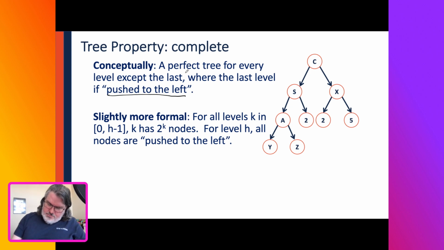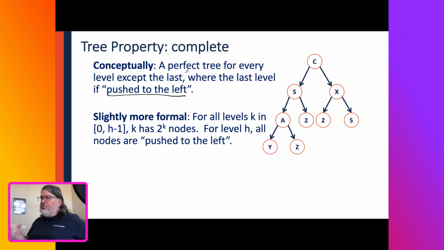So this is a complete tree, right? For all levels k in 0 to h minus 1, level k has 2 to the k nodes, much like we were proposing in our perfect tree. And for level h, all the nodes it has are pushed to the left.